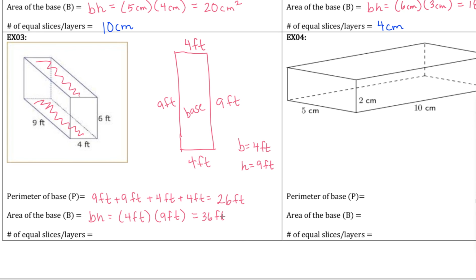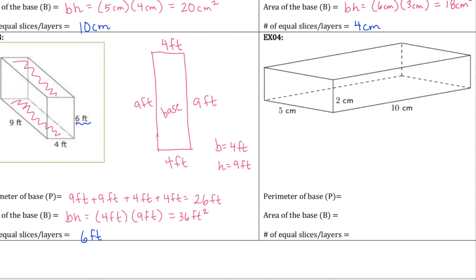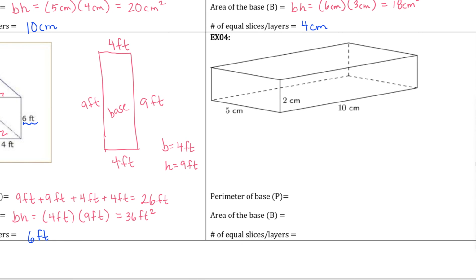Let me do that a little bit better. Square feet. And the number of layers or slices that we have is 6. It's 6 feet tall. So 6 foot layers. Or 6 1 foot layers.